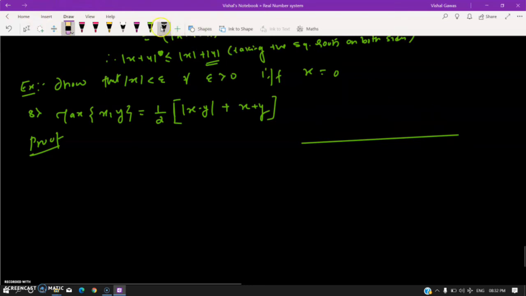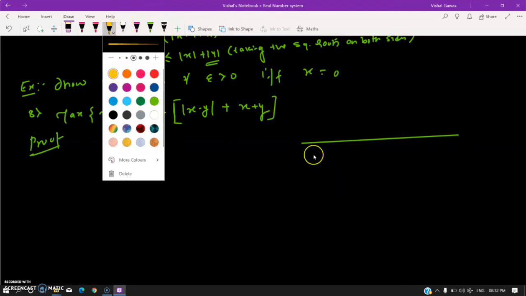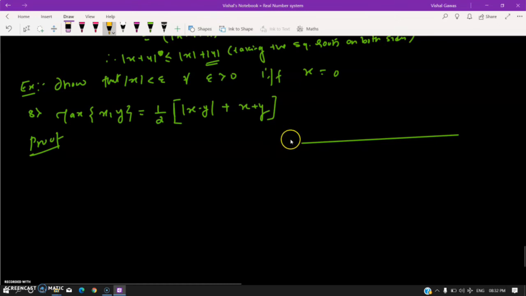So if I look at this line, if A is here, this is my A and this is my B, right? Then the midpoint of this would be exactly somewhere here and it would be exactly (A plus B) by 2, right?